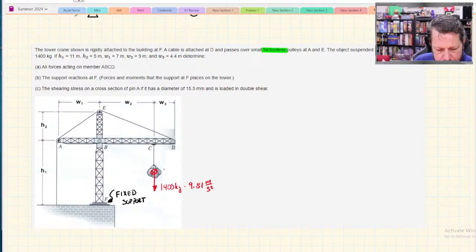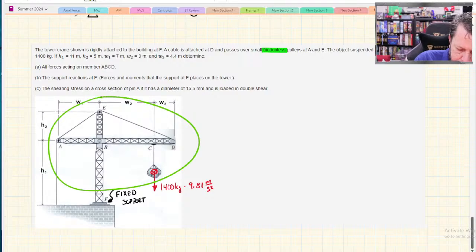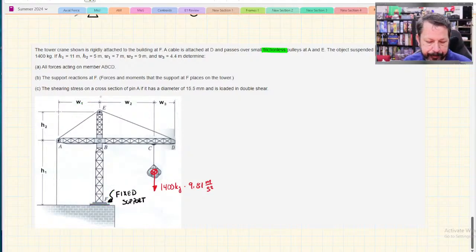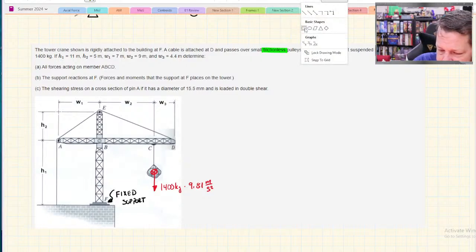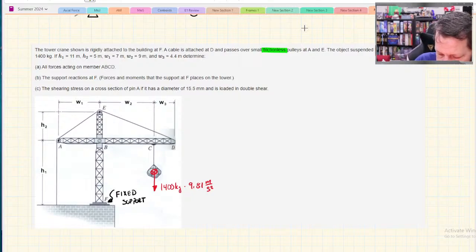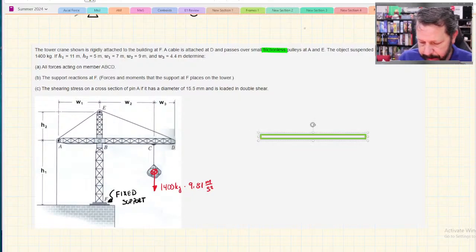So what I'm going to do, I think, is cut this thing loose. I guess I'll probably cut it closer to right along that surface there, and draw the free body diagram of the whole thing. I'll simplify it so that we don't draw all the little individual truss pieces, though.